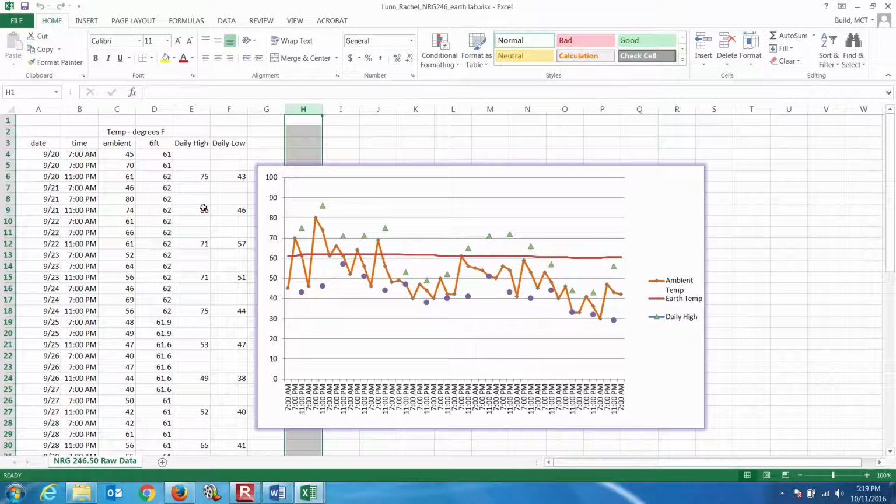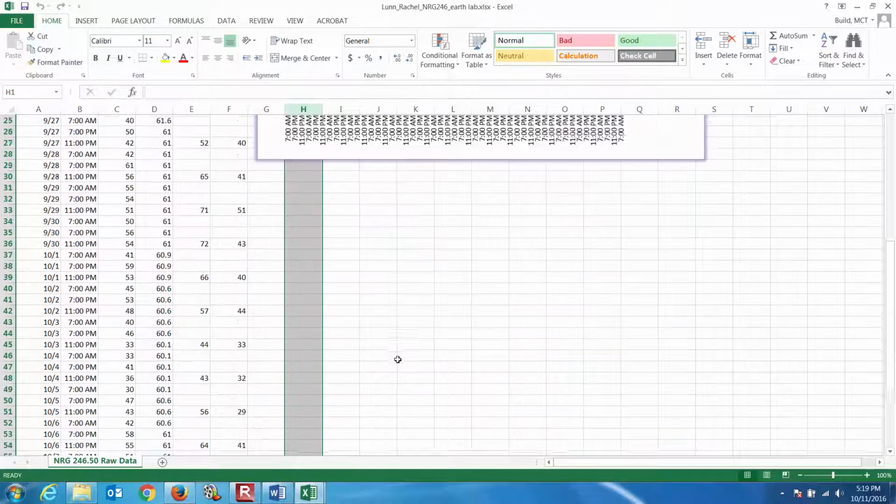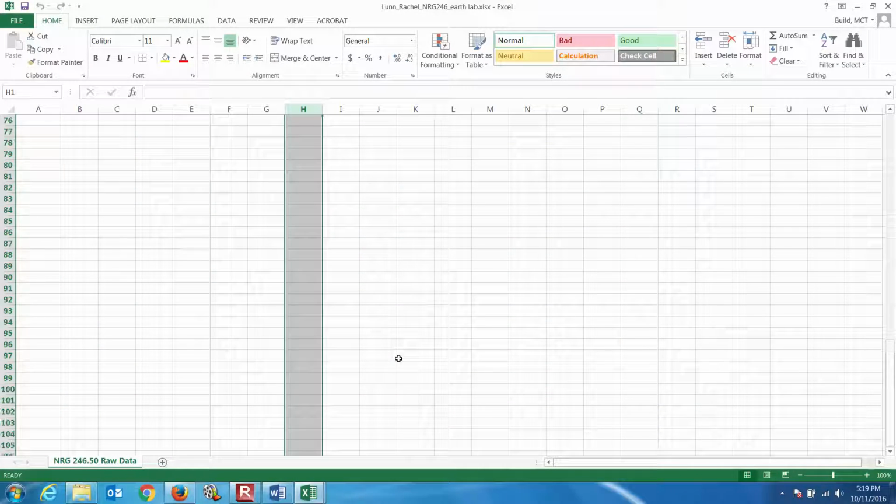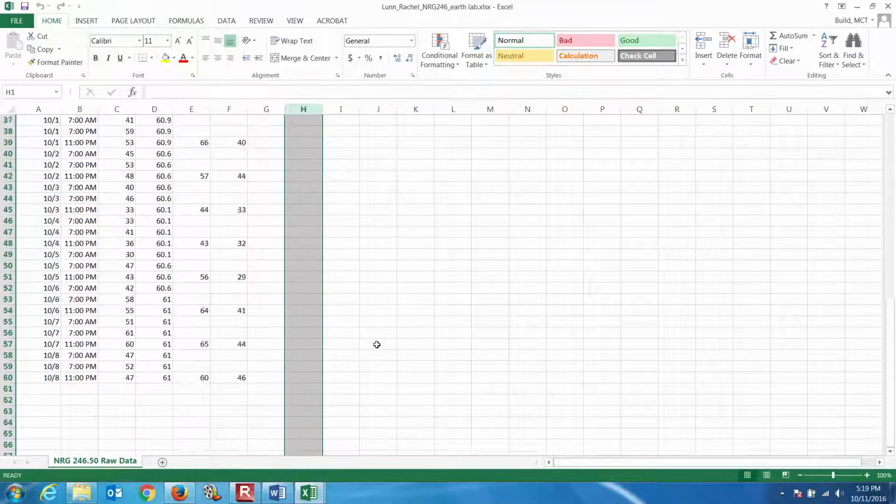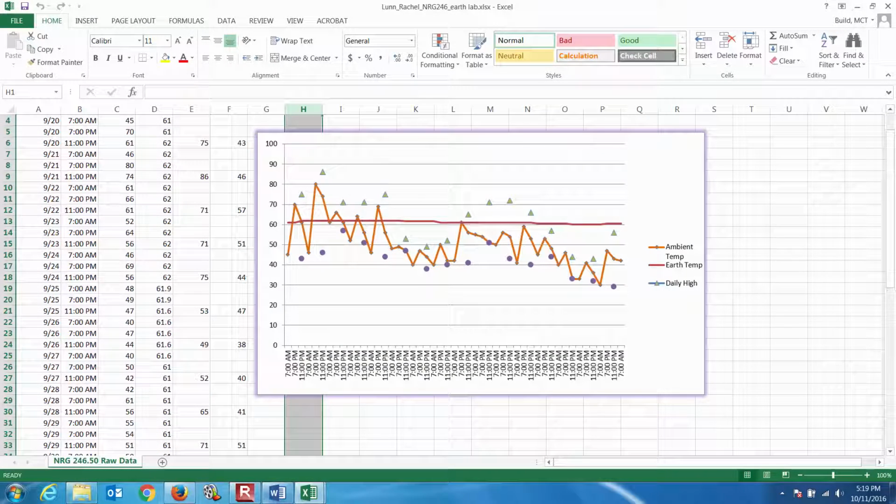See how she generated her graph. See daily highs, earth temperature, ambient air temperature. And then the actual report. Let's take a look at that real quick.